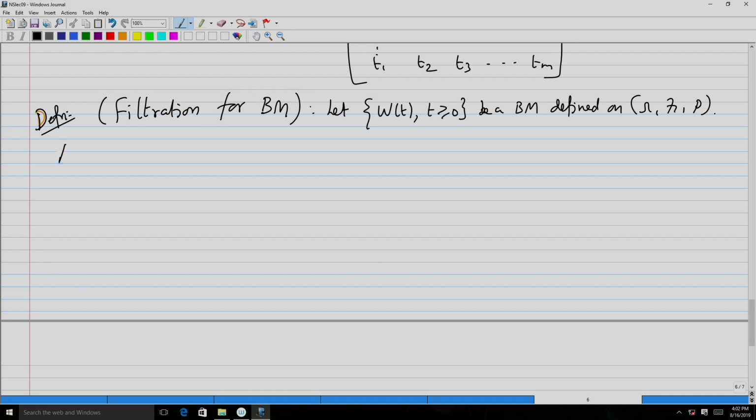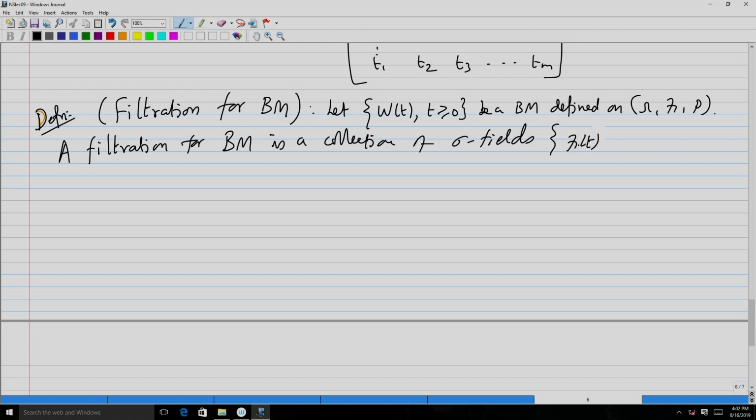Now, a filtration for Brownian motion is a collection of sigma fields, say F(t) for t greater than or equal to 0, that satisfies three properties.